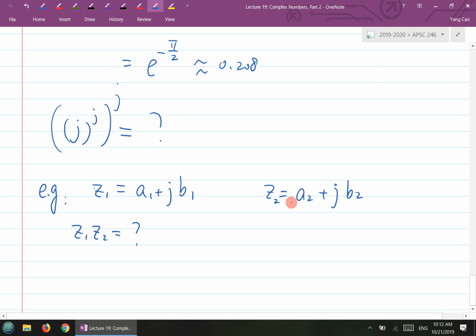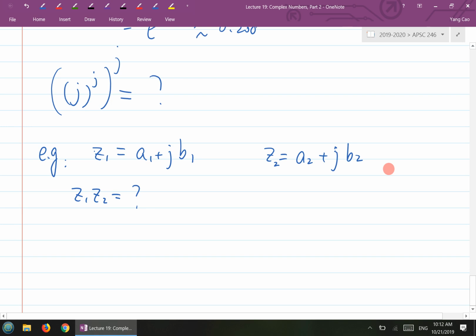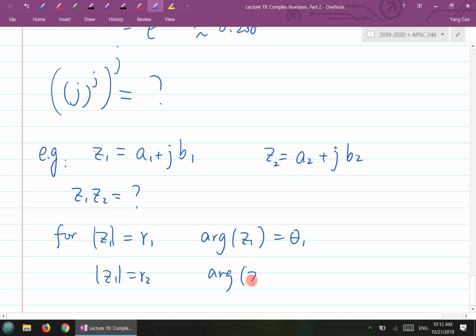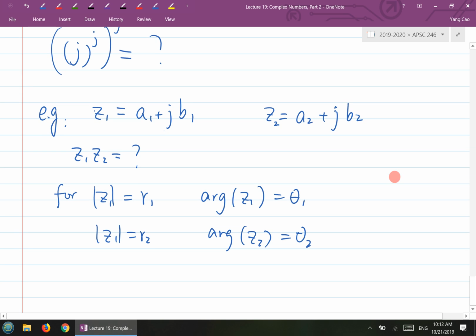But now, since we learned Euler's formula, we can use it to do the multiplication in a different way. Suppose z1 has a magnitude of r1 and an argument of theta 1. Similarly, z2 has r2 as its length and angle theta 2.